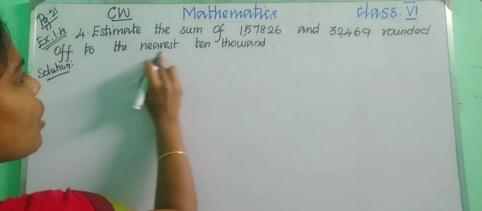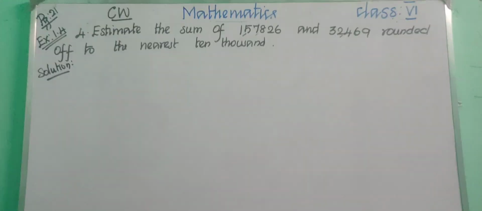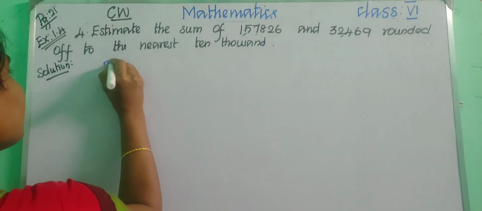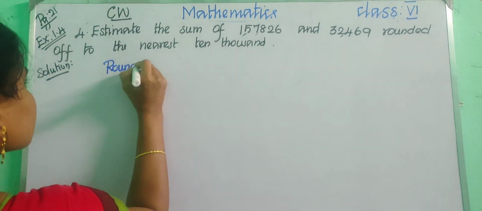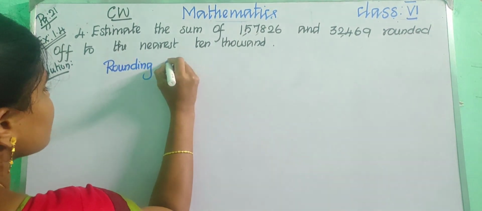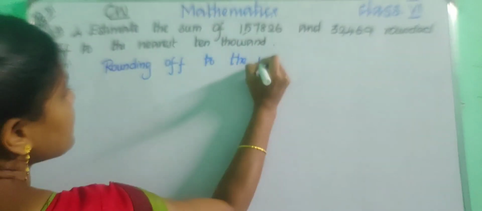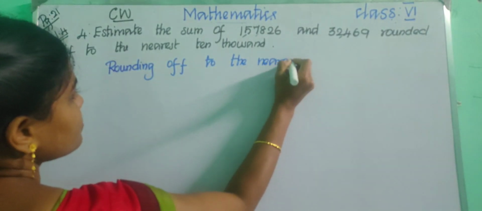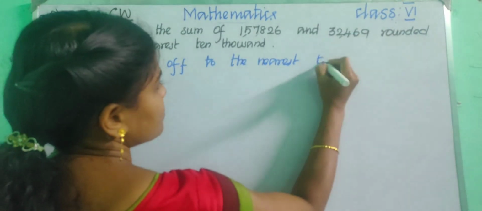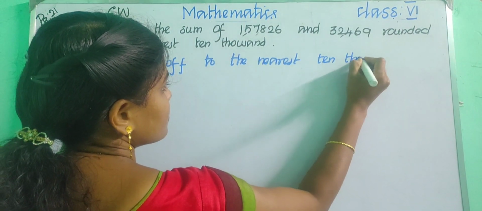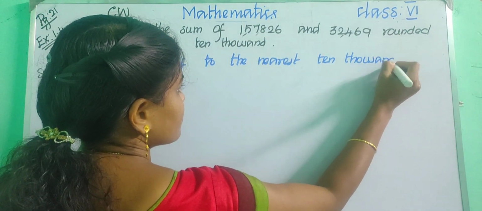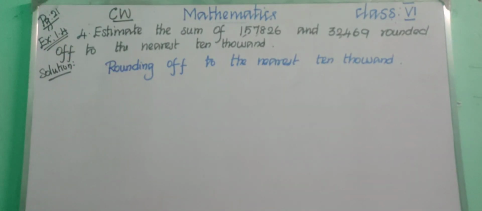So first we are going to round off to the nearest 10,000. Rounding off to the nearest 10,000.